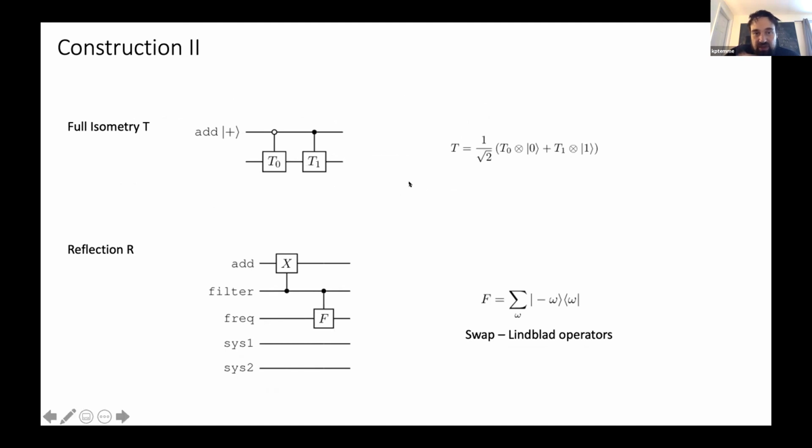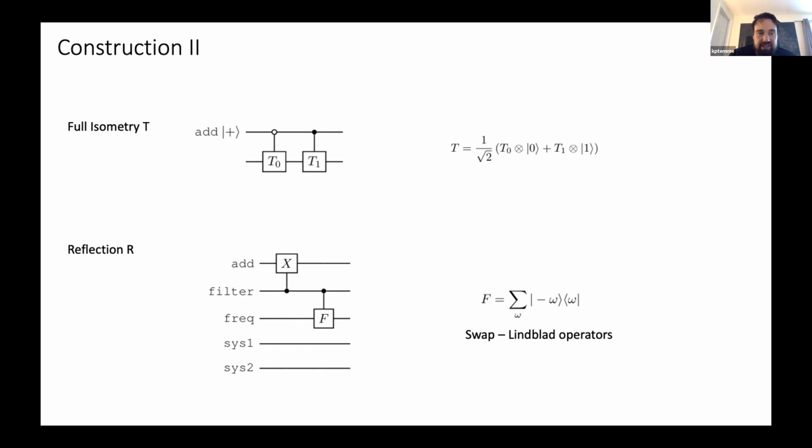You start in the plus state and you get both of them. So the isometry that you've just generated is now 1/2 (T0 ⊗ identity + T1 ⊗ identity). Okay, so much for the isometry.